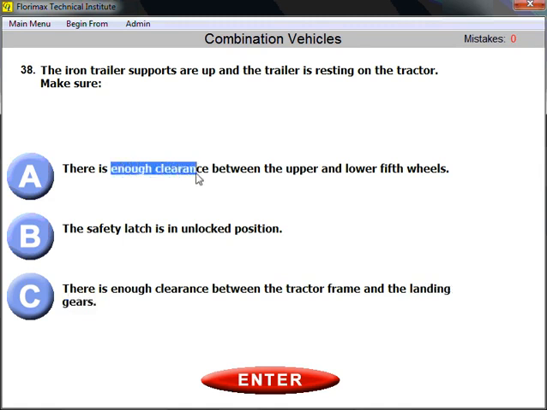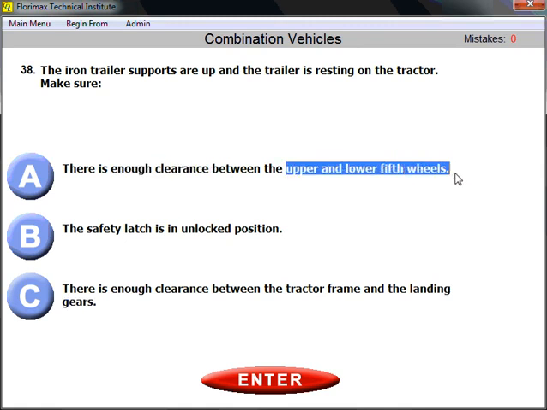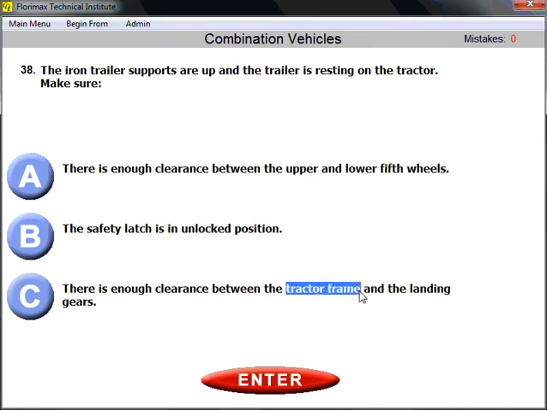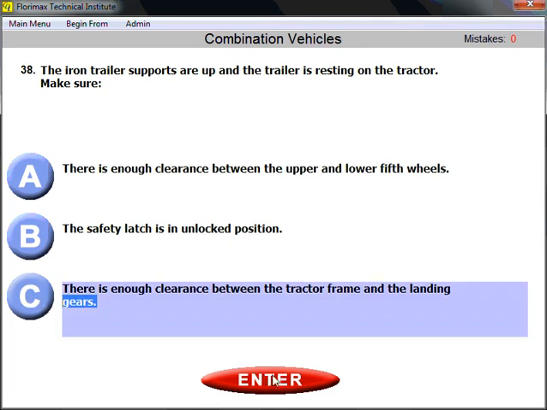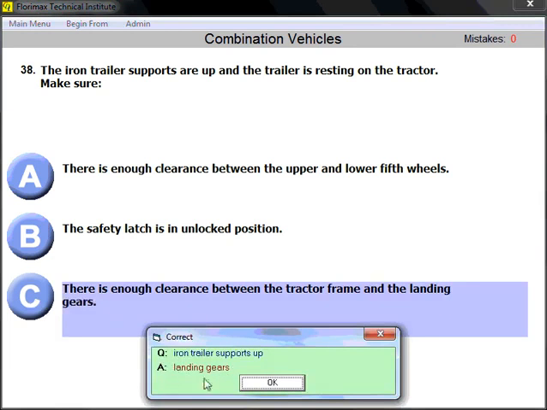There is also enough clearance in another choice, but it's not correct, because enough clearance between the upper and lower fifth wheels means that something is wrong. Shouldn't be any space between them, right? So should be enough clearance where? Between the tractor frame and the landing gears. That means that the coupling is right. That's where you need the clearance, because if one of them is too close to the frame, that means that the coupling is not correct.